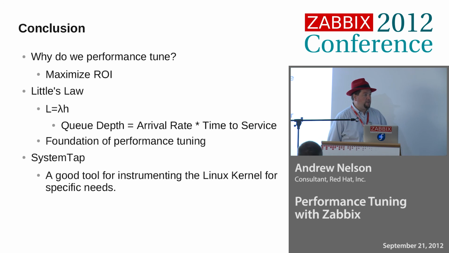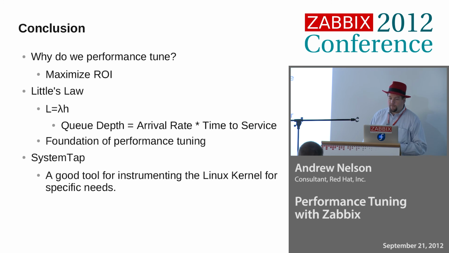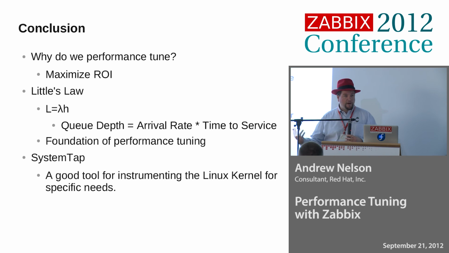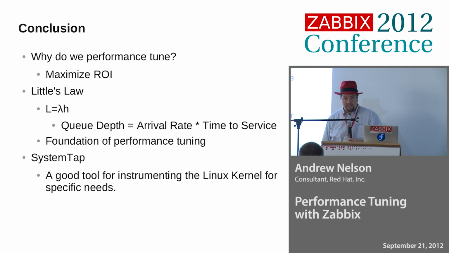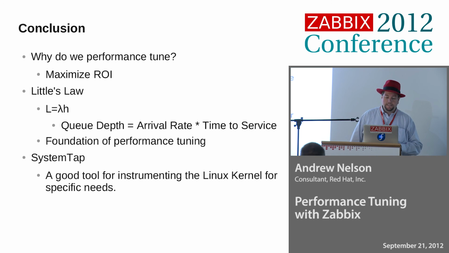Essentially, the queue depth is equal to the arrival rate multiplied by the time to service. We can often change our queue depth, which is our buffering, and we can often alter to some extent our time to service, with faster networks, faster disks, faster processors, faster memory, or more efficient I/O schedulers, and so forth.